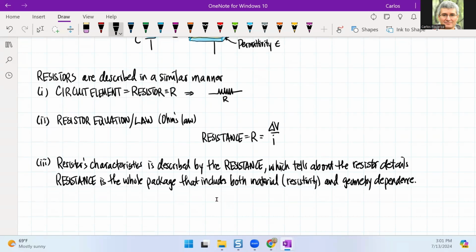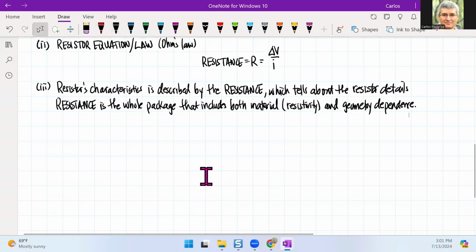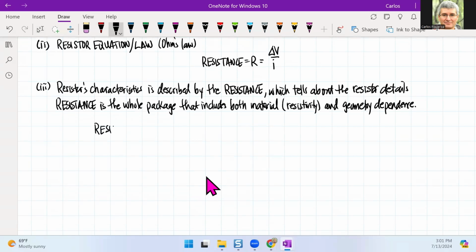So if I put this all together, we could then say that we have this quantity called the resistance, which is the characteristic equation of resistors, which then tells us about the resistive material times the resistor's geometry, and this is equal to the resistivity.